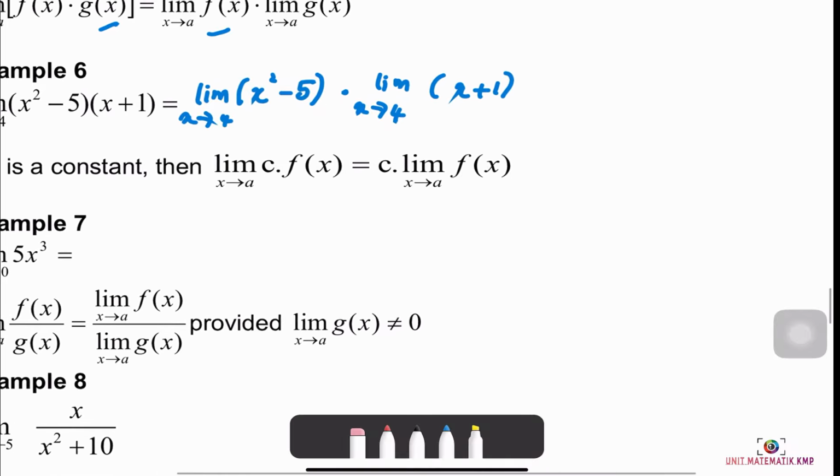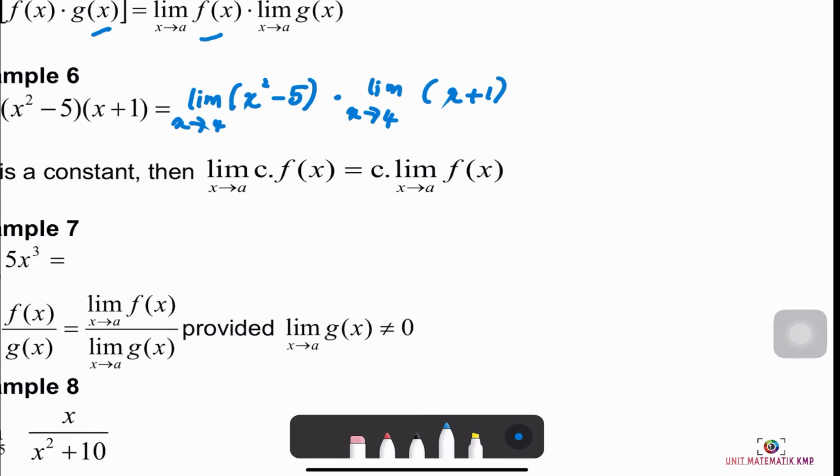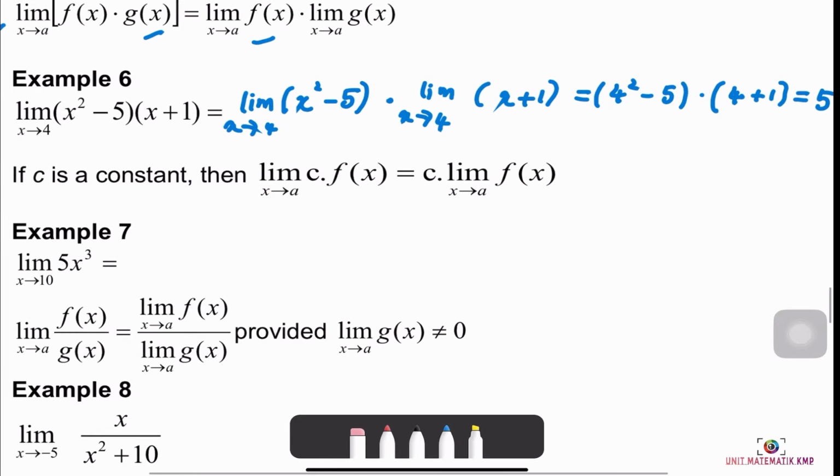Next step, we substitute the values of x. So we have 4 squared minus 5, multiplied by 4 plus 1. If you simplify this, I think the final answer should be 55. That is property number 5.